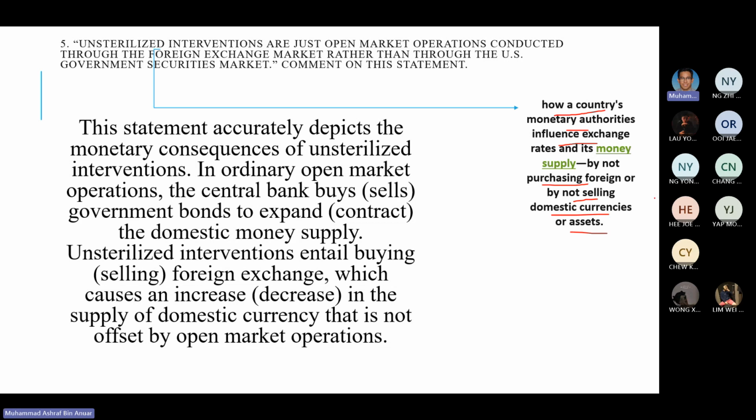This is the method on how countries control their money supply in the economy. The statement accurately depicts, and depicts means portray or represent.